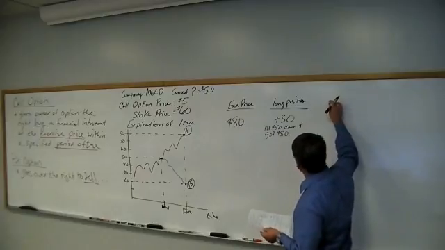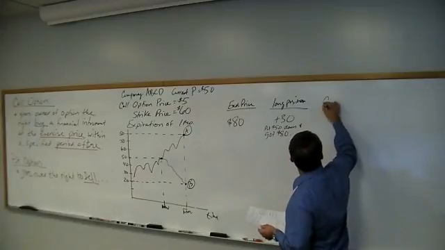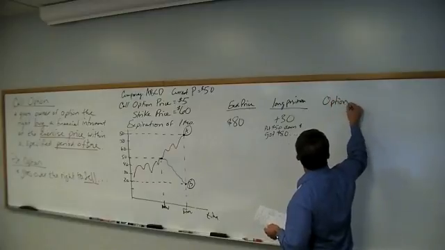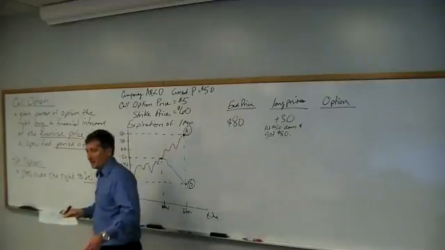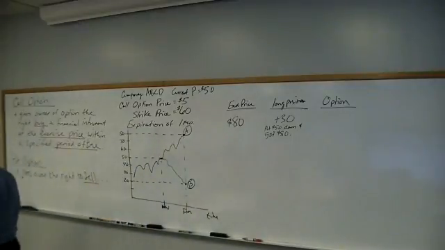So with the option, how much money would we make if outcome A happened? Suppose we took out an option.